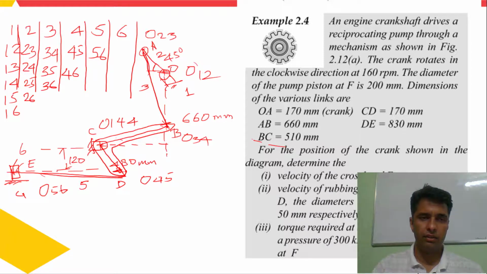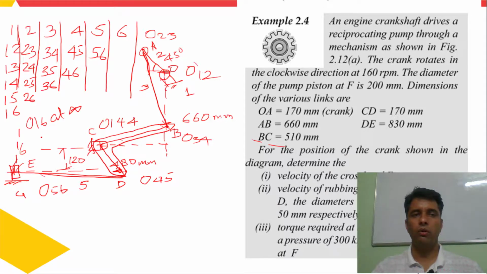And as slider 6 is moving on a straight path, the center 1, 6 will lie at infinity. So there are 7 centers we can locate easily by observation.